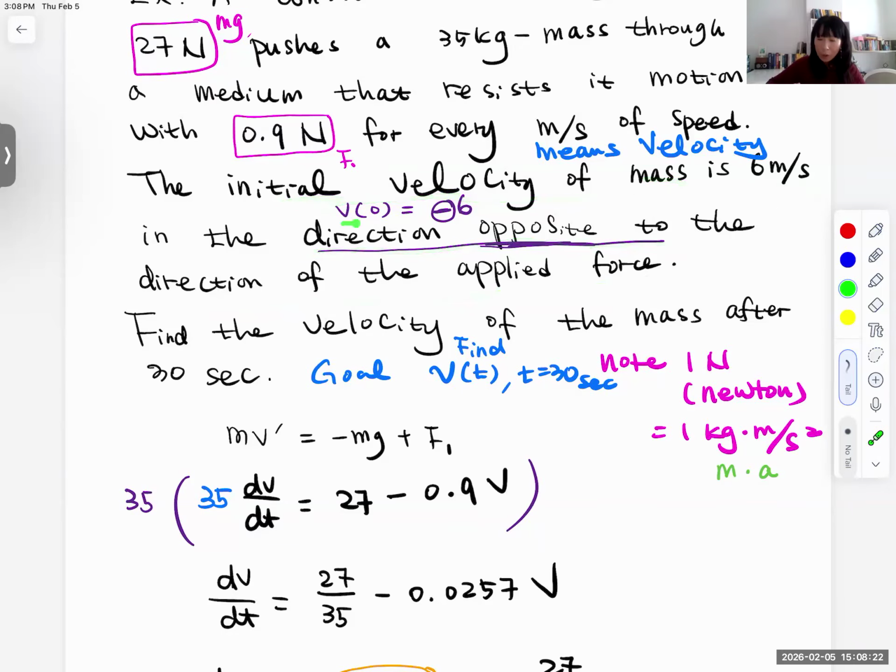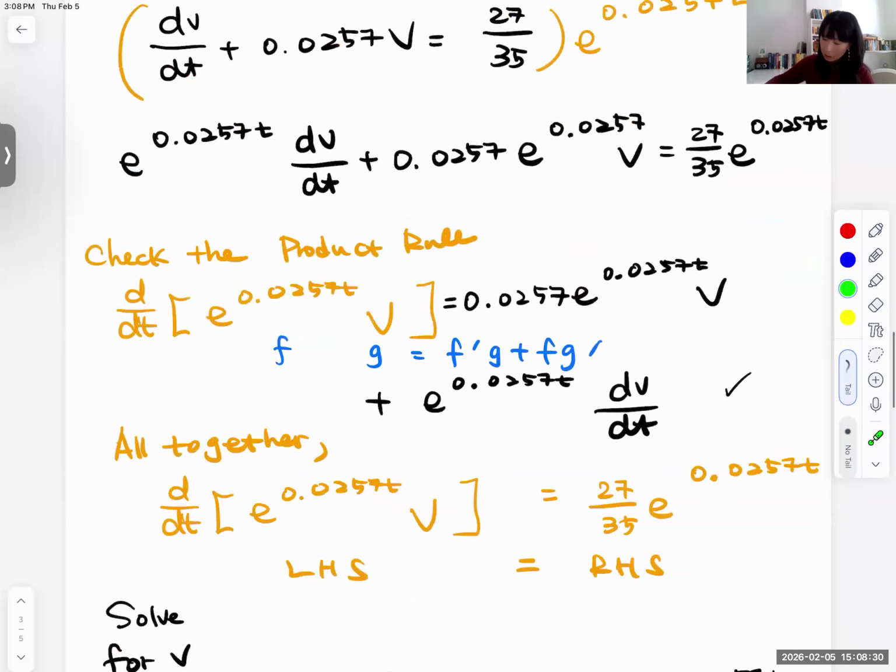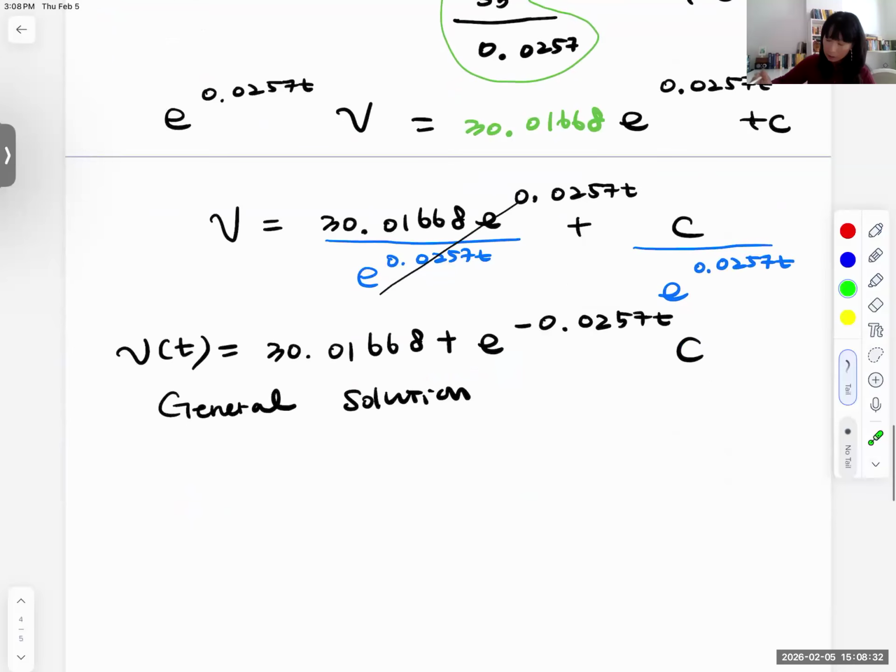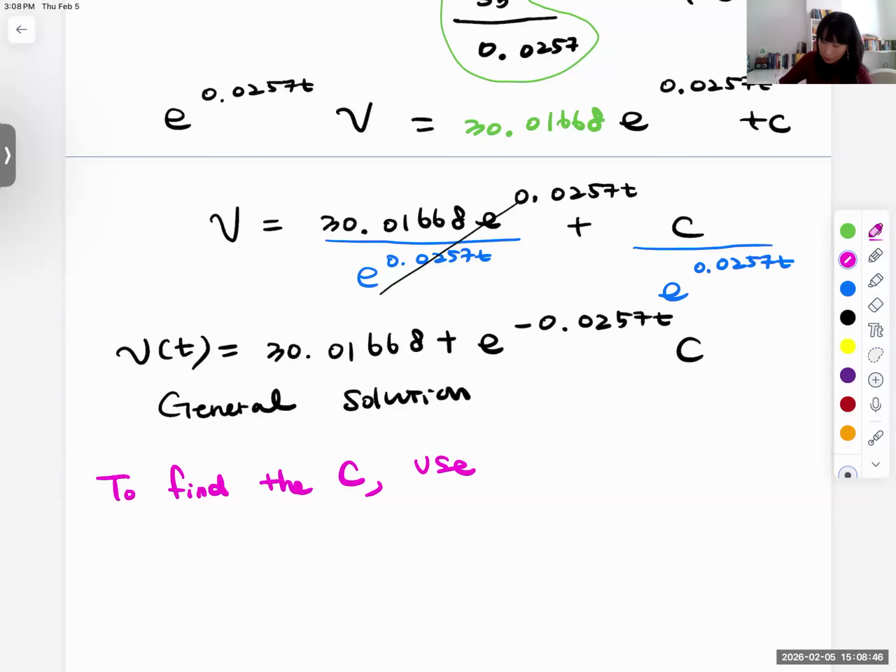So we are going to express this as v of 0 equal to -6.